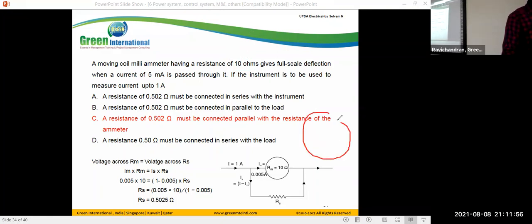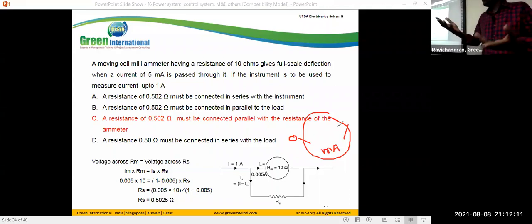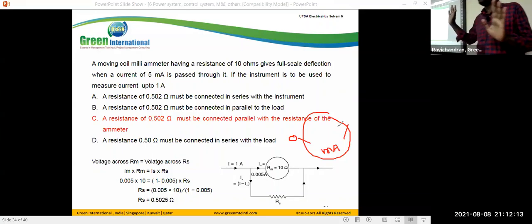This is the meter. Here it's 0, and we have a maximum point. This may be 2, 5, 10, 500, 100, a lot of things. But see here, the moving coil meter of 10 ohms gives full scale deflection when a current of 5 milliamps is passed.